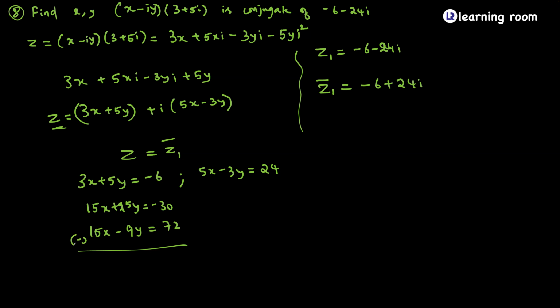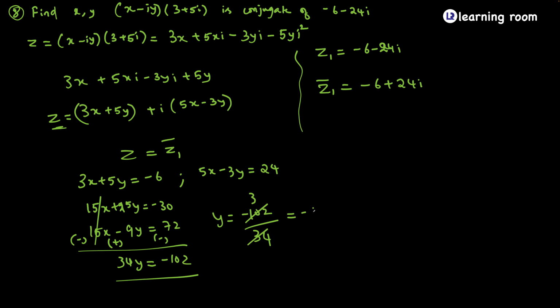So subtract both. 15x and 15x are gone. 25y plus 9y is 34y, equal to minus 102. So y will be equal to minus 102 divided by 34. How much will that be? It will be 3, because 4 3s is 12. So minus 3 will be the value of y.